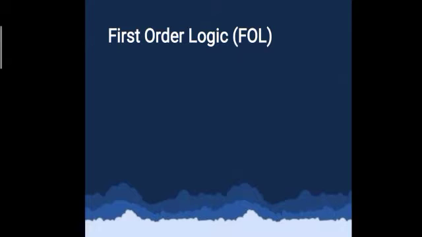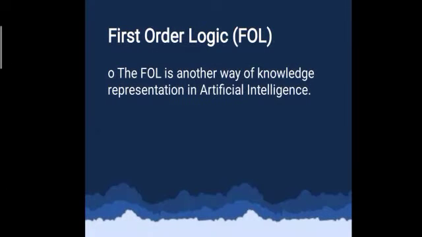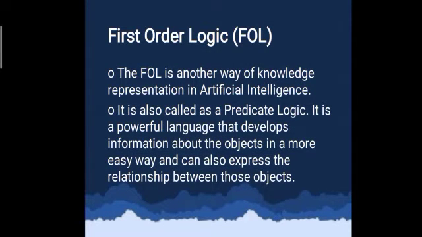So first, what is first order logic? The first order logic is another way of knowledge representation in artificial intelligence. It is also called a predicate logic. The first order logic is also known as the first order predicate logic. It is a powerful language that develops information about the objects in an easier way and can also express the relationship between those objects.